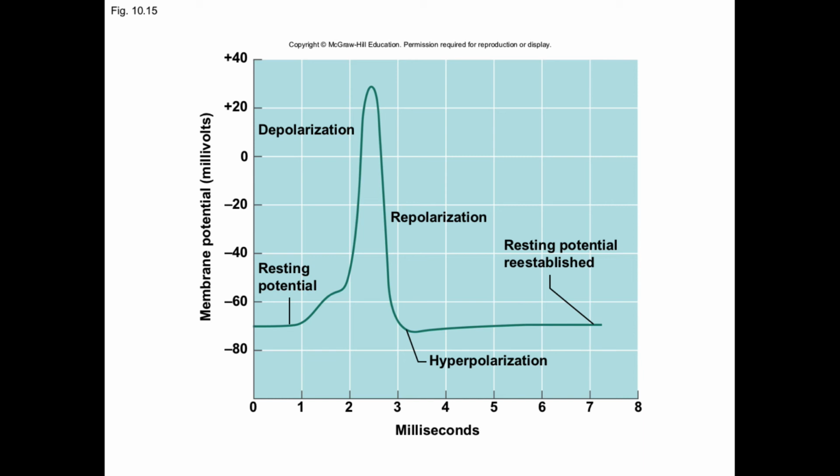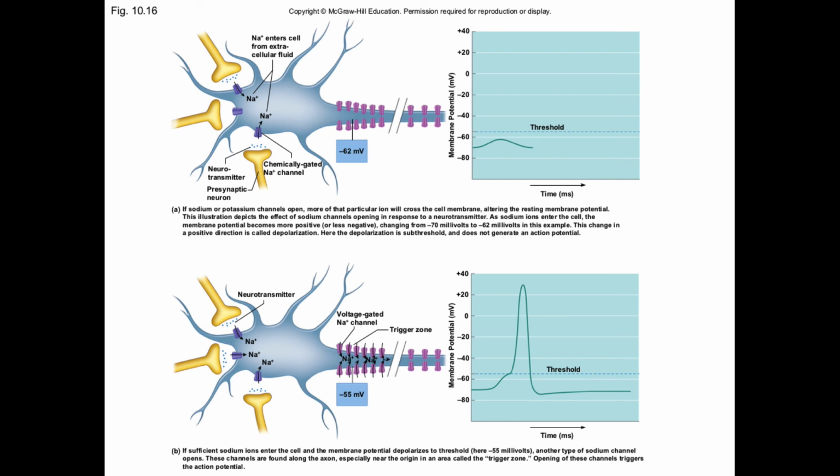Now let's move on to the action potential. Keep in mind, that is the long distance signal. The principal way that neurons send signals over long distances is by generating and propagating or transmitting action potentials. Only cells with excitable membranes, known as neurons and muscle cells, can generate action potentials.